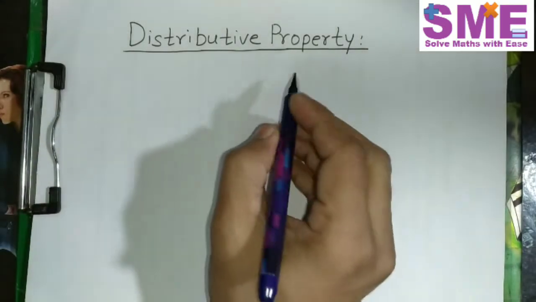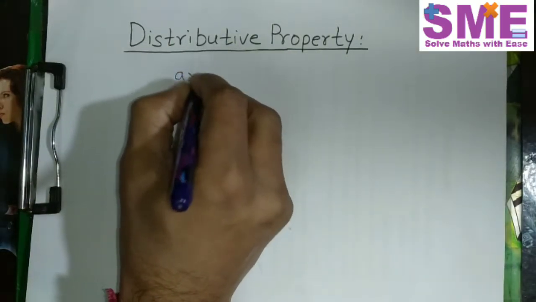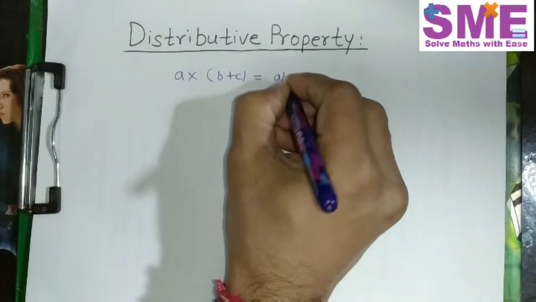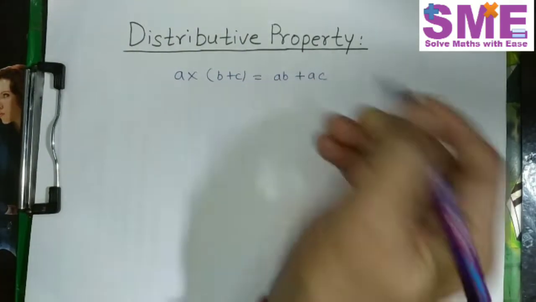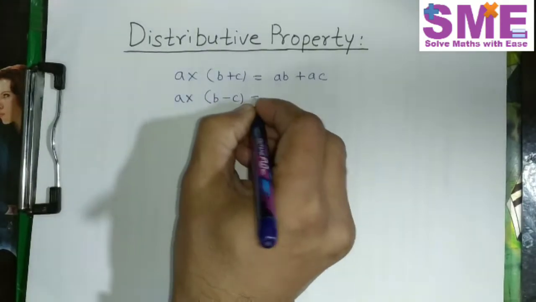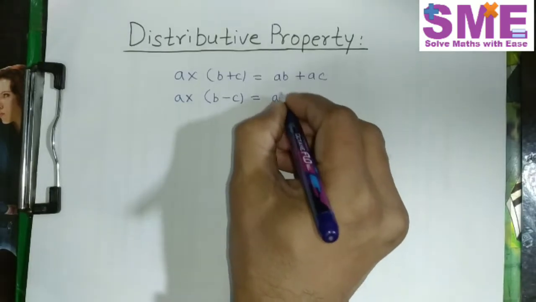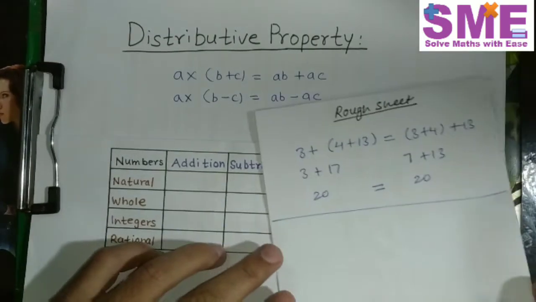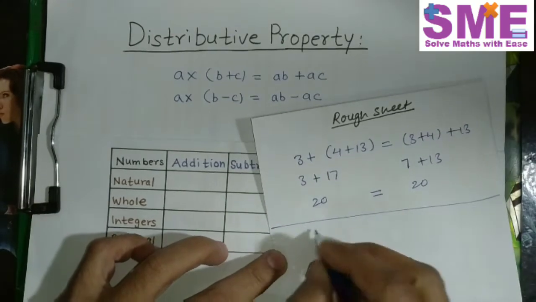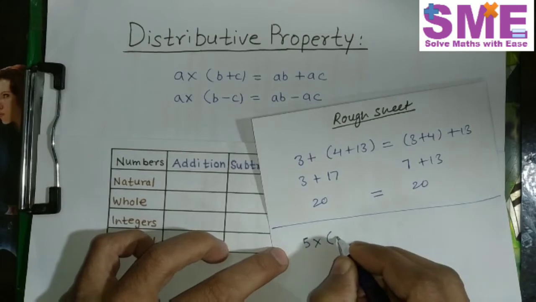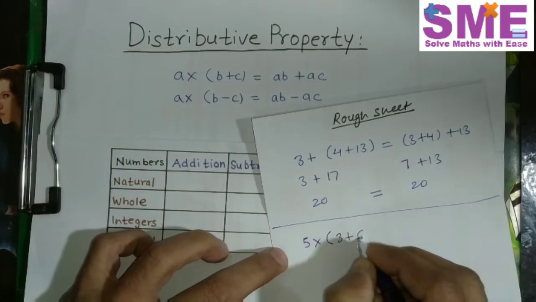Distributive property says a multiplied by (b + c) is equal to ab + ac. Similarly, a multiplied by (b - c) is equal to ab - ac. So let us check for natural numbers. Say 5 into (3 + 6).